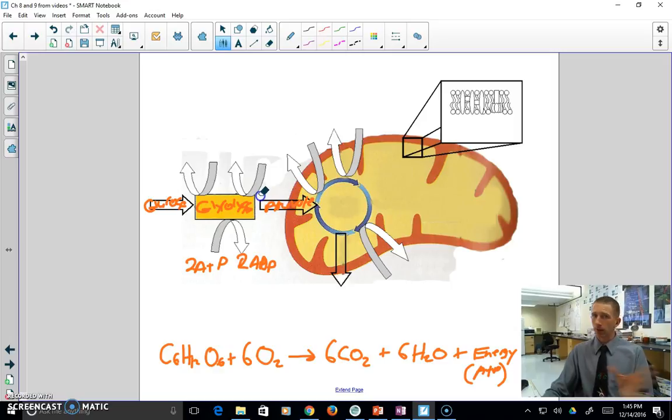And if something is broken down, something else has to be built up. So we're going to build up 4 ADP, and turn it into 4 ATP, right? And then we're also going to fill up our baskets. So we're going to fill up 2 NAD+ and make 2 NADH.